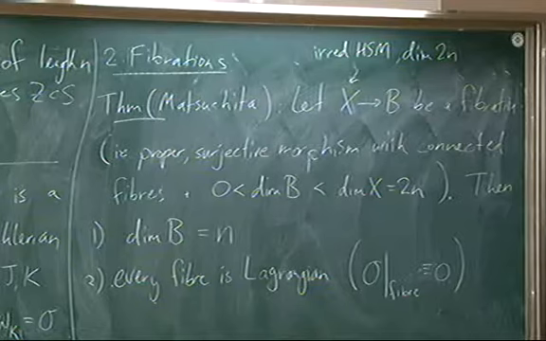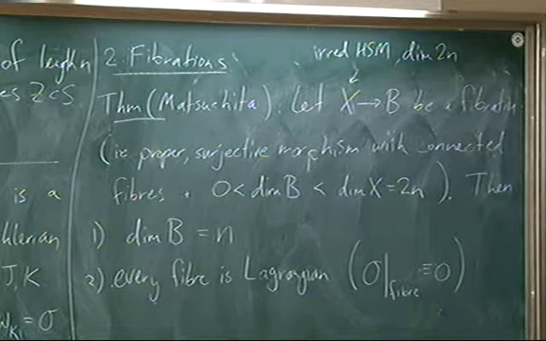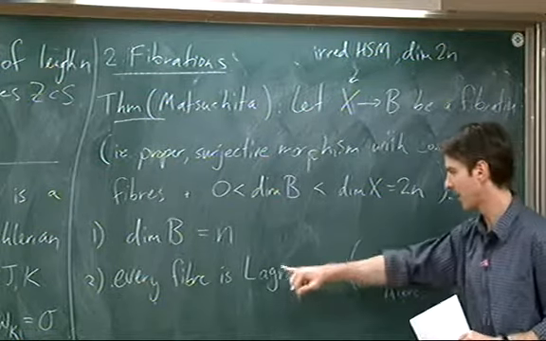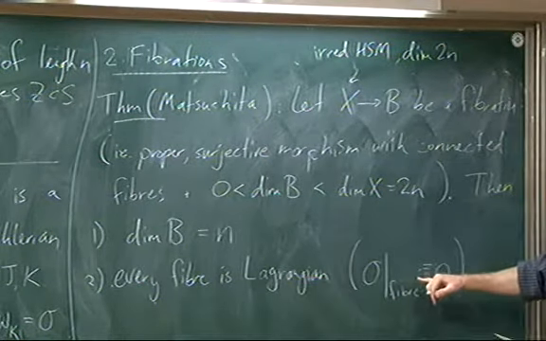A priori, it doesn't need to be equidimensional, but in fact, it will be. Okay, so in fact, it follows from here. Every fiber is Lagrangian, so the fibers are also n-dimensional.